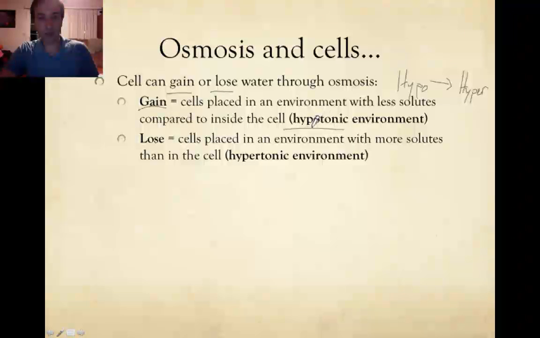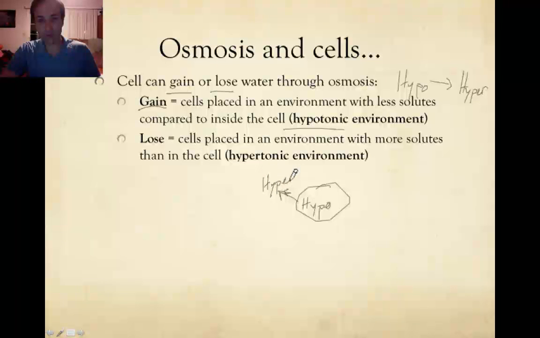So if the environment is hypo, that means water is going to leave the environment and go into the cell, so it gains water. If the environment is hyper, that means the cell would be hypo. So the cell itself inside would be hypo, and then water would leave the cell into your hyper environment.